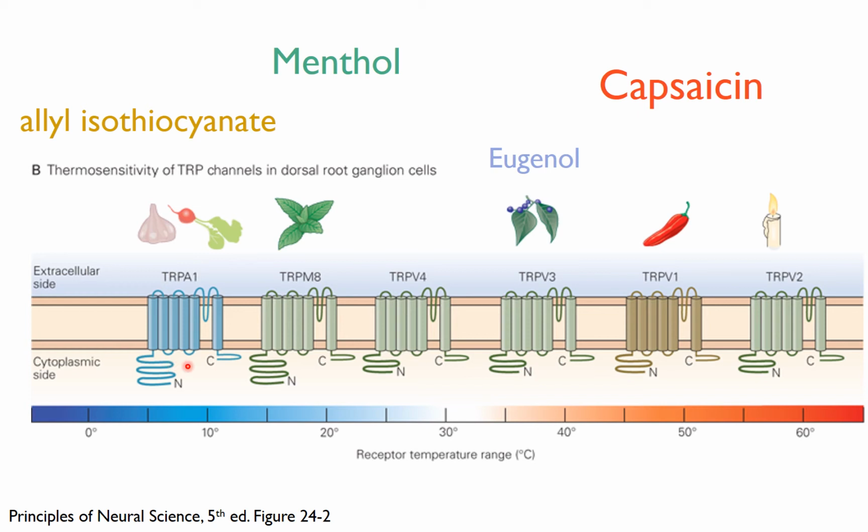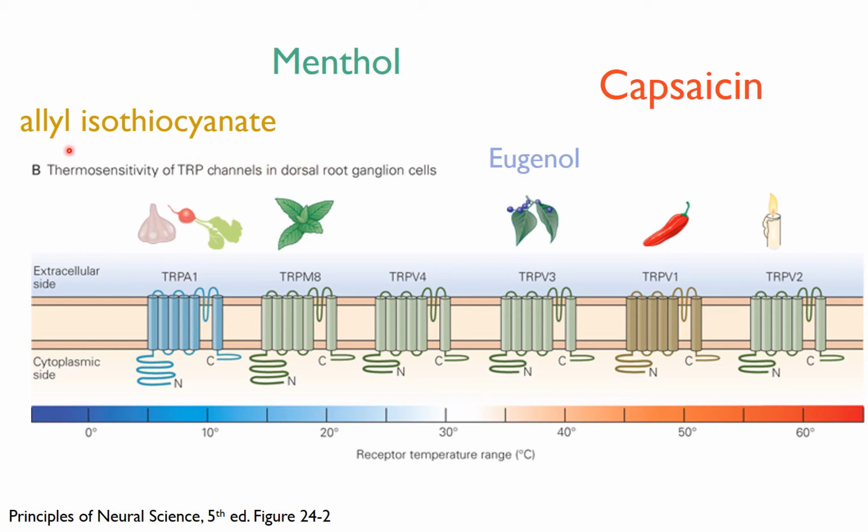Over here on the left, you'll see TRPA1. Now, TRPA1 is also found in foods in the environment. It's an interesting phenomenon how a lot of the TRP receptors are responsive to things that exist out in the world in our environment. So TRPA1 is activated by the ligand allyl isothiocyanate.